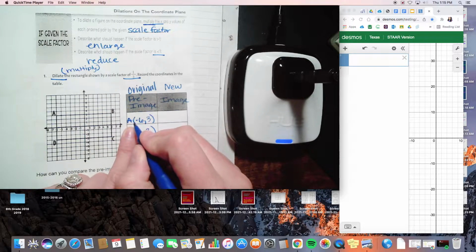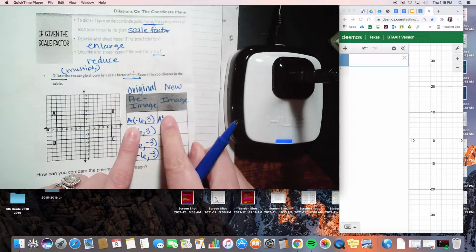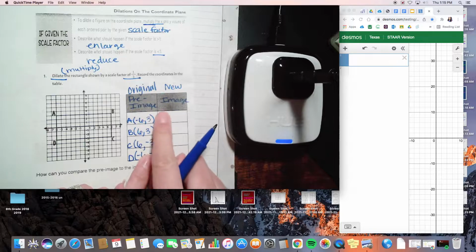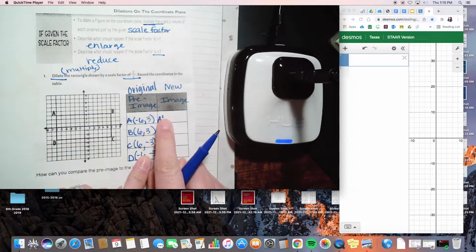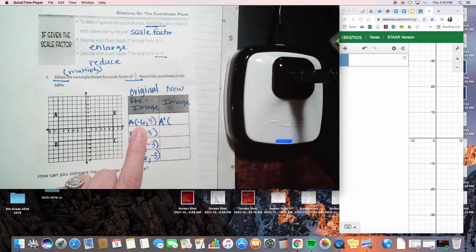So when we had A, now we're going to have A prime. This is not an apostrophe. It looks like an apostrophe, but we call this prime. This is how we describe the new image. It should have a little apostrophe there, and you just call it prime. A prime. So to find my first point, I'm going to go ahead and multiply. I'll do 1 divided by 3, and then put my multiplication sign.